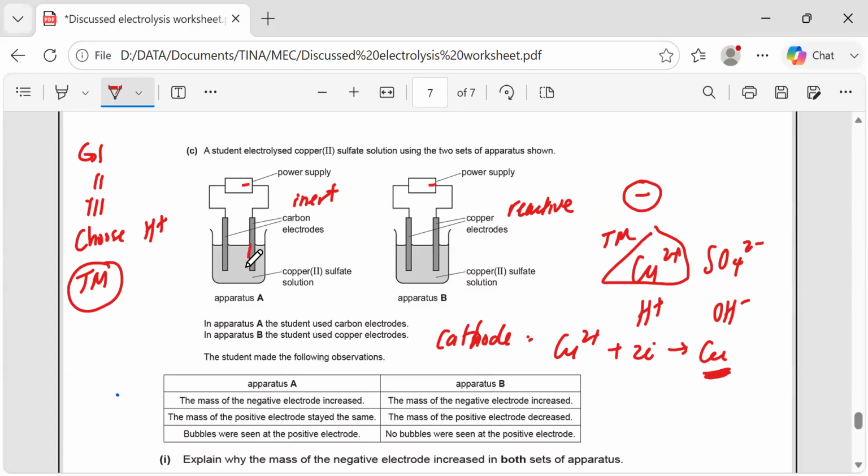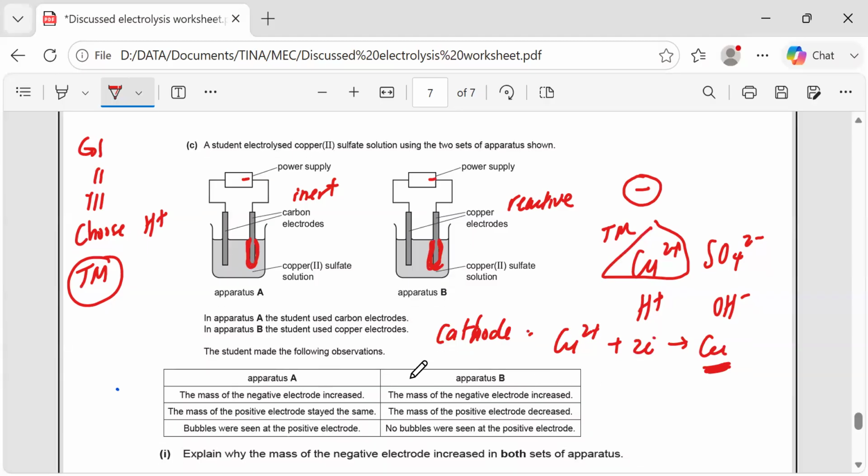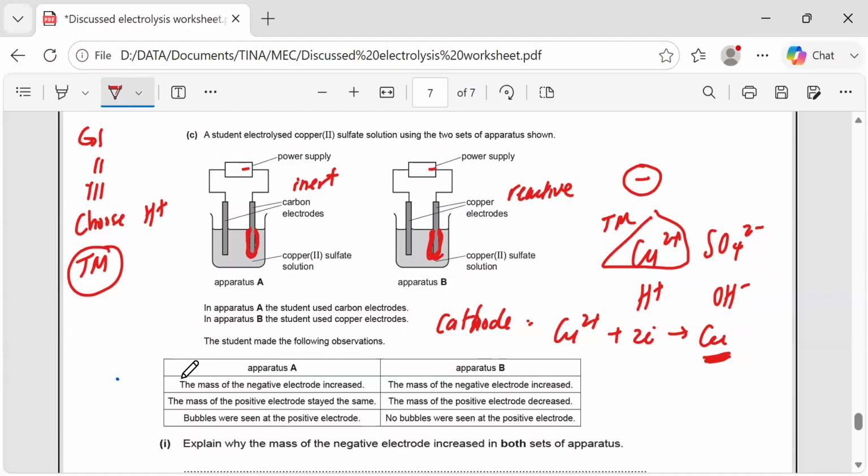So it will form on the negative terminal. For the cathode on both sides, the mass will increase because solid copper is depositing on the electrode. So the mass of the negative increases for both.